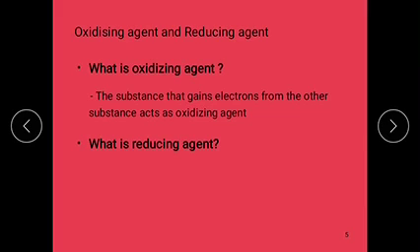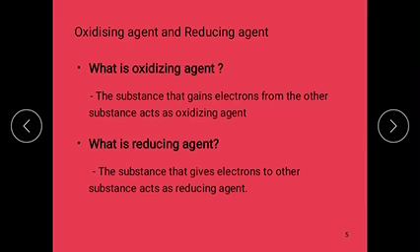What is the reducing agent? The reducing agent means the substance that gives electrons to another substance.